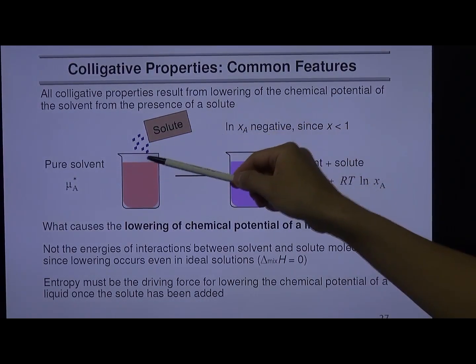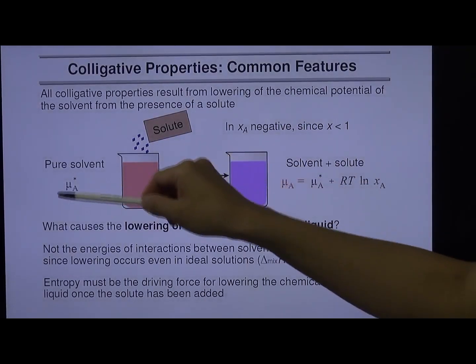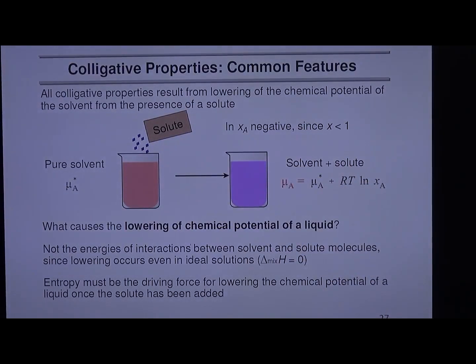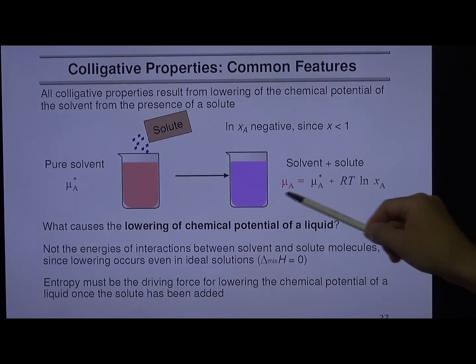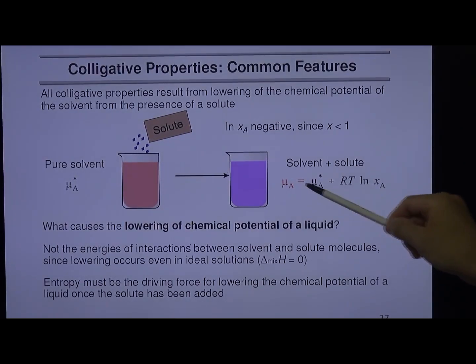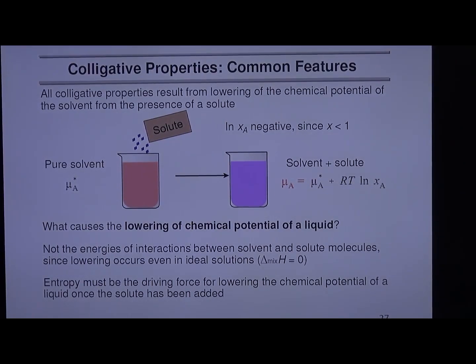As you put in other materials, the chemical potential of the solvent decreases, right? Because it follows this equation. Okay. Mu A for the solution is mu A star plus RT ln XA, right?